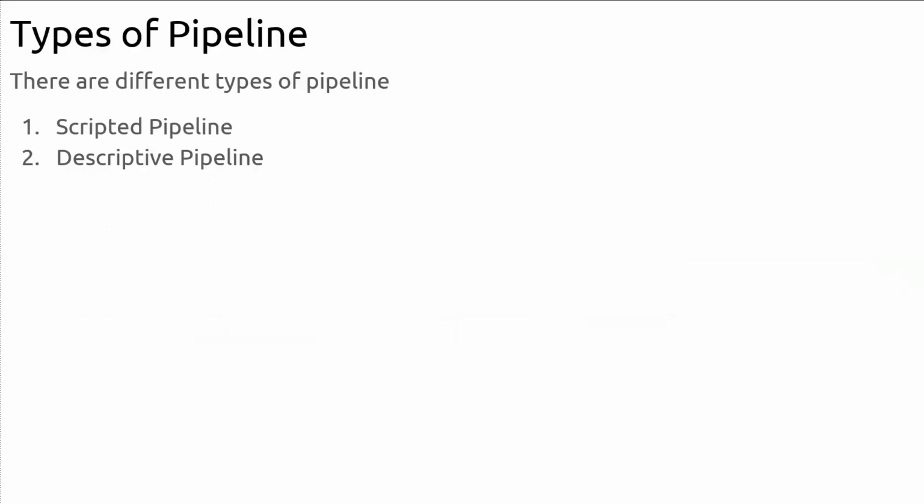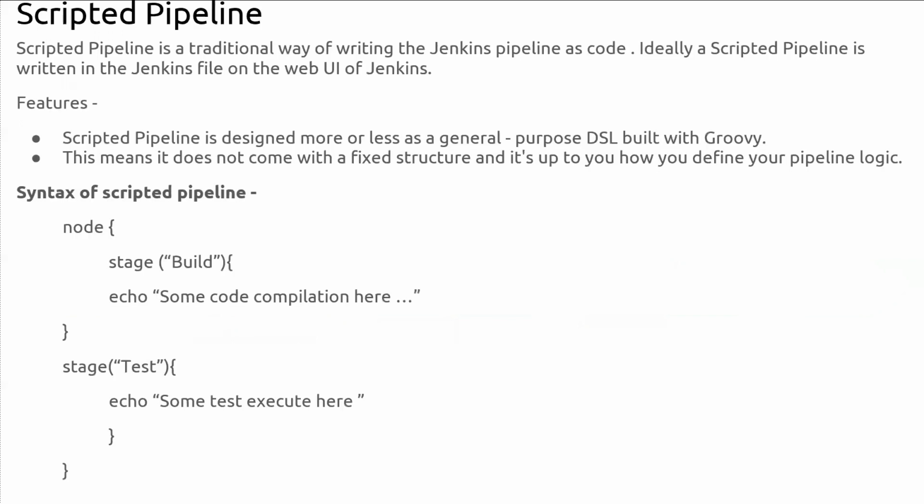Now, there are two types of pipeline. The first one is the scripted pipeline, and the next one is the declarative pipeline. We will see how the pipeline process works, and then we can write the scripts in the pipeline in these two forms. The scripted pipeline is the traditional way of writing Jenkins code as code.